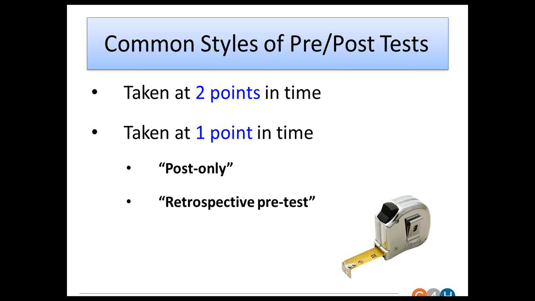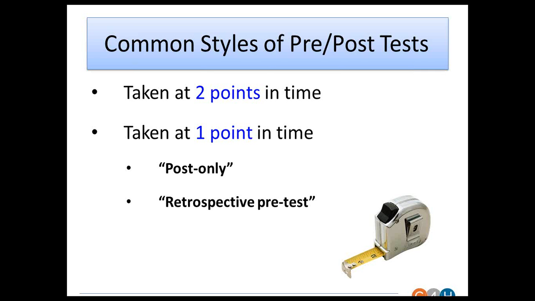For example, by the end of the program, 80% of participants will be able to ... This is a perfectly acceptable type of objective if what you care about is that by the end of the program, participants have some certain skills or knowledge. If you aren't trying to assess change over the course of the program, you only need to do a post test. Just make sure that the type of pre and post test you're doing is aligned with how your program objectives are written.